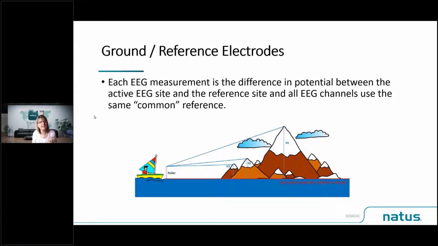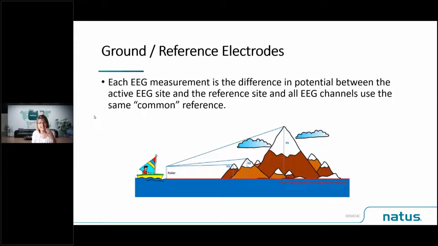The electric activity that's generated by the neurons at each site varies continuously. It's not one standard voltage, it does fluctuate. Now, each EEG measurement is the difference in potential between the active EEG site and the reference site. And all EEG channels are using that same common reference value.